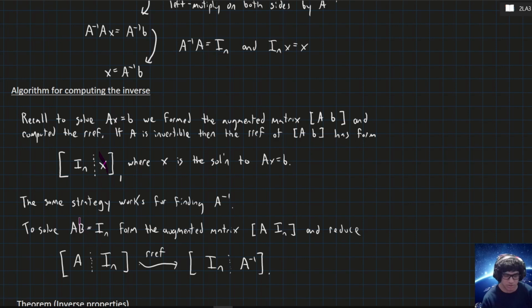And now the solution for B, which is what we wanted to be A inverse, pops up over here.